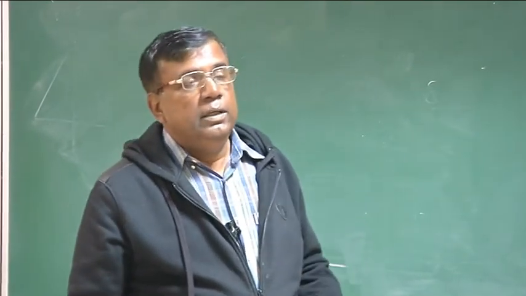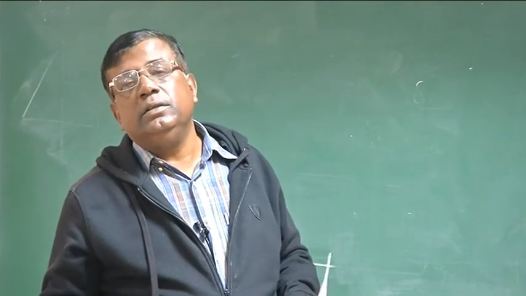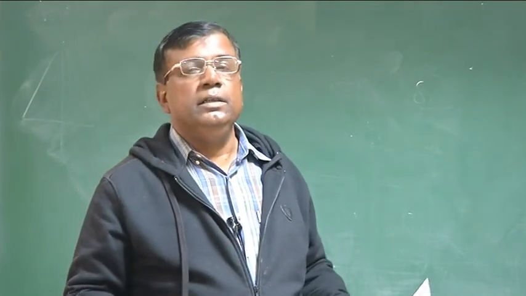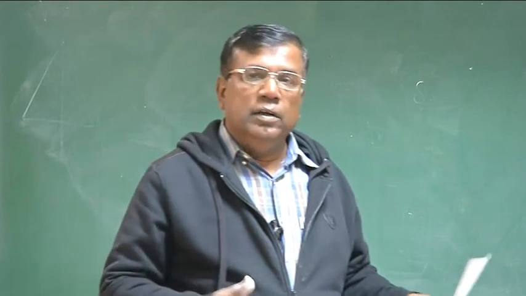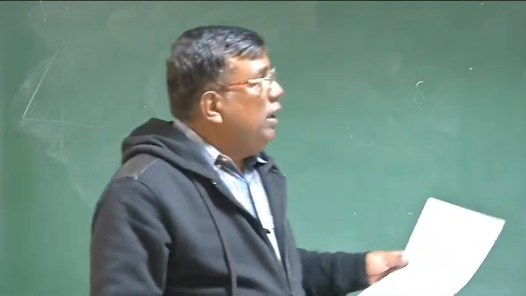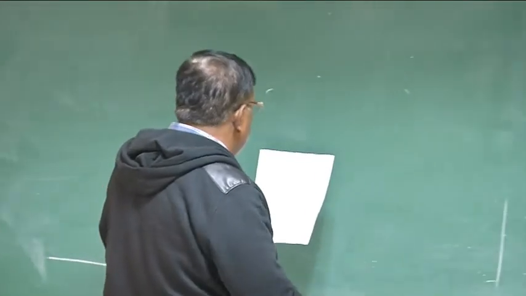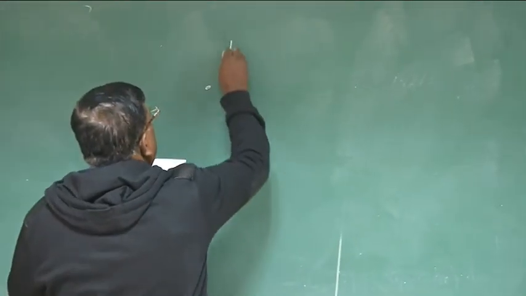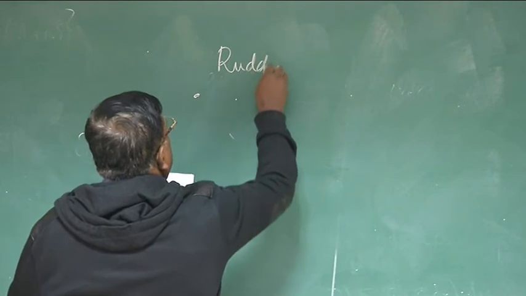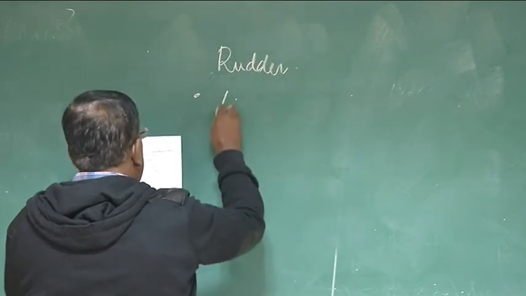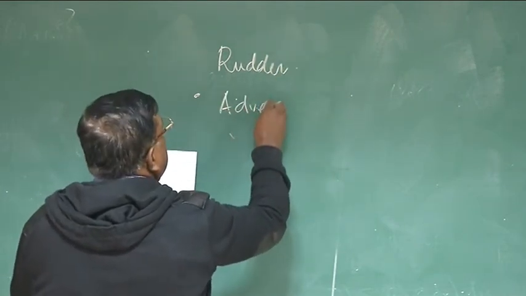For that, we did an elaborate study on static stability, static margin, elevator control power, neutral point, etc. But why are we doing all this directional stability and directional control? Primarily, you understand, the rudder has a specific role: it is powerful enough to handle adverse yaw. I will explain what is adverse yaw.